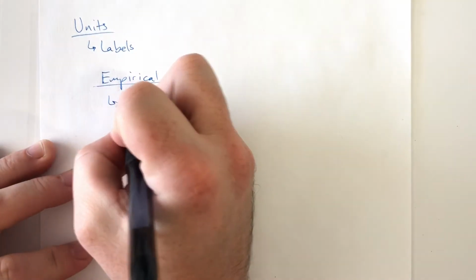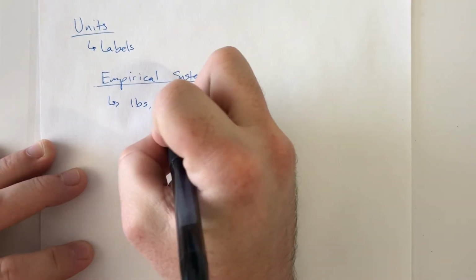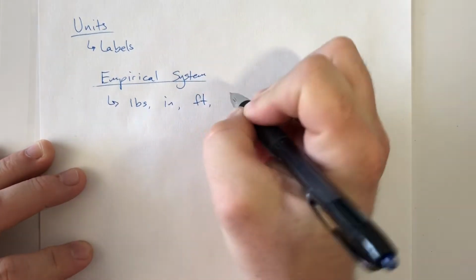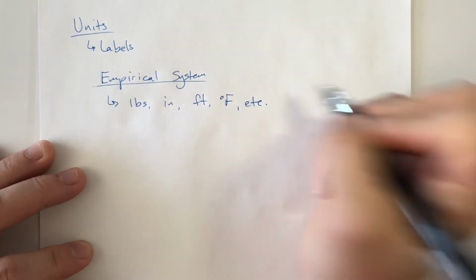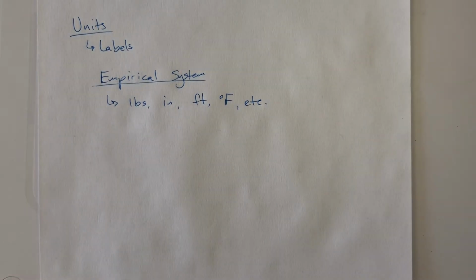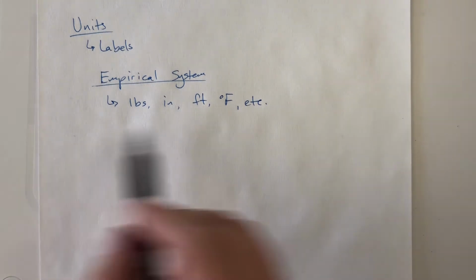These are things like pounds, inches, feet, degrees Fahrenheit, etc. A lot of times they are based on cutting things in half or cutting things into a third. And they tend to be a pain in the butt, honestly. But the problem is we live in America and we still use these things.